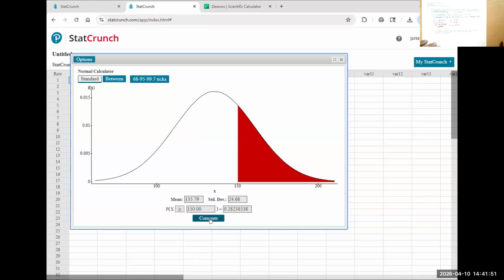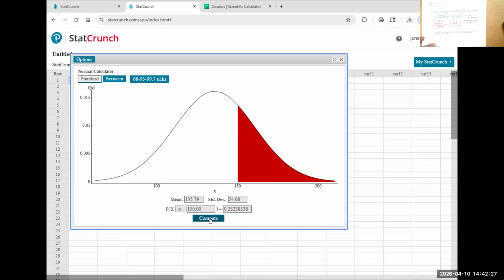With that information, our unrounded decimal solution from that screen is 0.28238538. A lot of 8's going on there. For our probabilities, most commonly we're going to round to 4 decimal places: 1, 2, 3, 4.